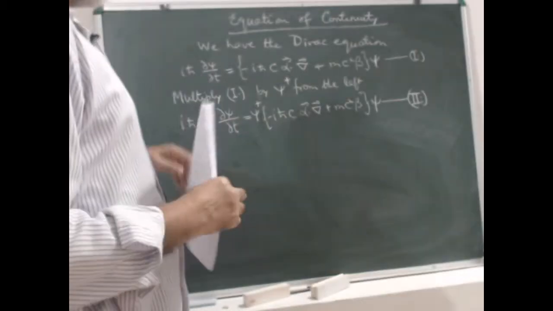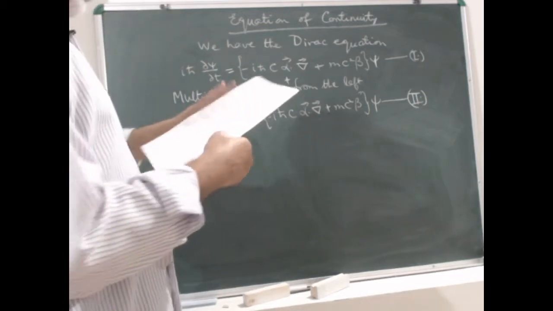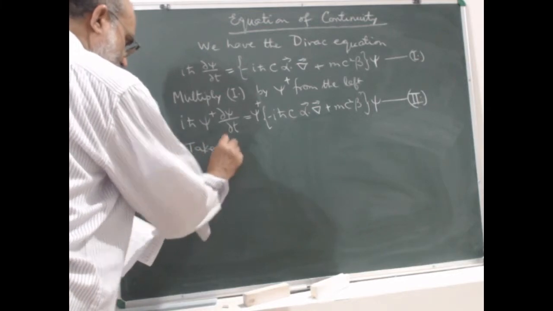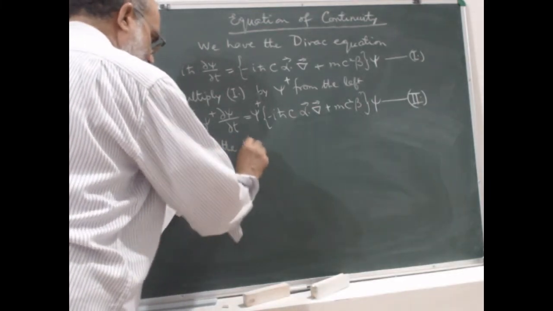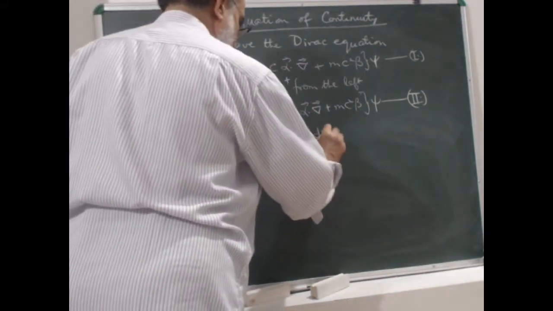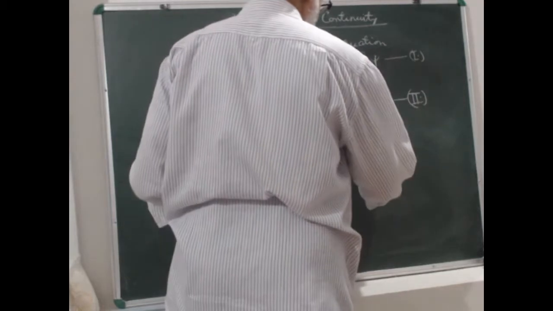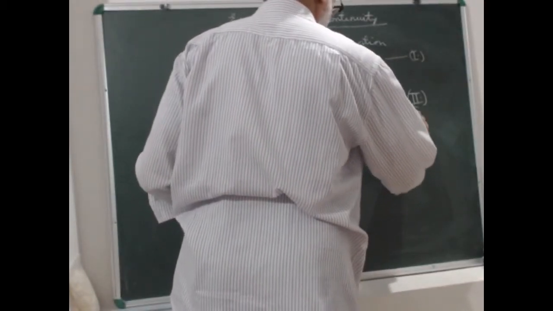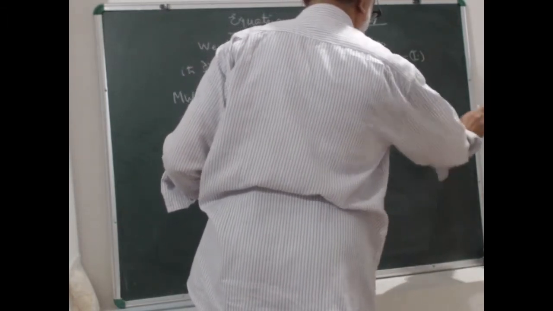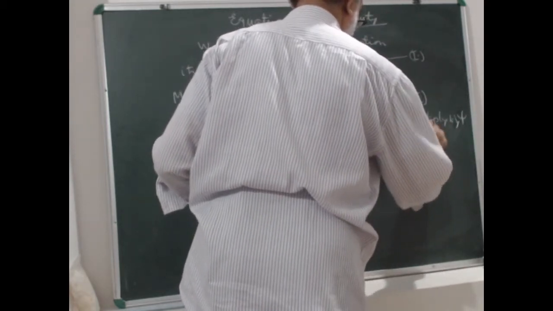Now take the Hermitian adjoint of equation 1 and multiply by ψ from the right hand side.